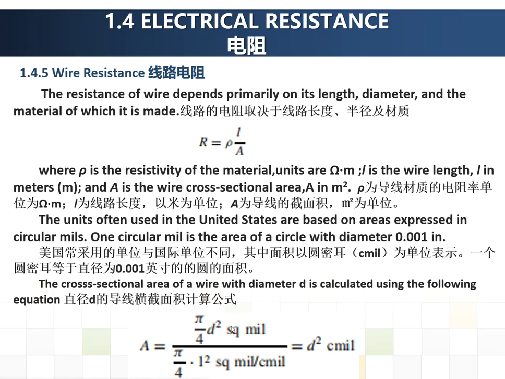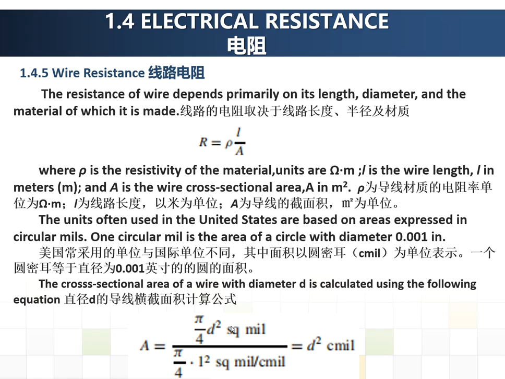Section 1.4.5, wire resistance. The resistance of a wire depends primarily on its length, diameter, and the material of which it is made. Rho is the resistivity of the material. Its units are ohm-mils.